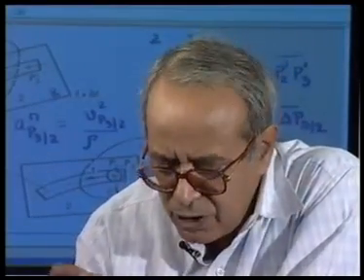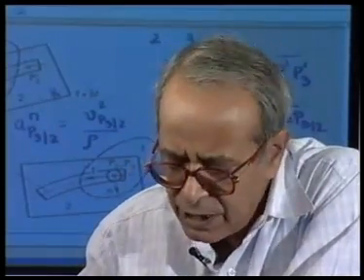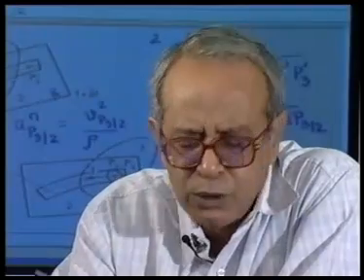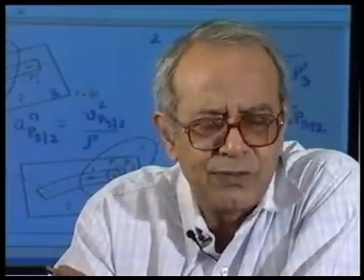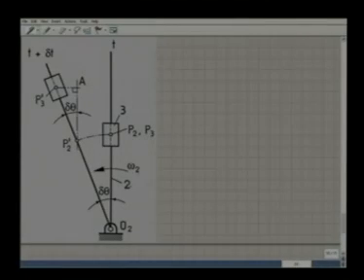We have not proved why this Coriolis component of acceleration comes. However, I will take a simple example to demonstrate the existence of this component. To demonstrate the existence of Coriolis component of acceleration, let us again consider two rigid bodies, namely body 2, which is this rod, which is hinged at the point O2, and another rigid body, namely 3, that is this block, which is constrained to move along the rod.